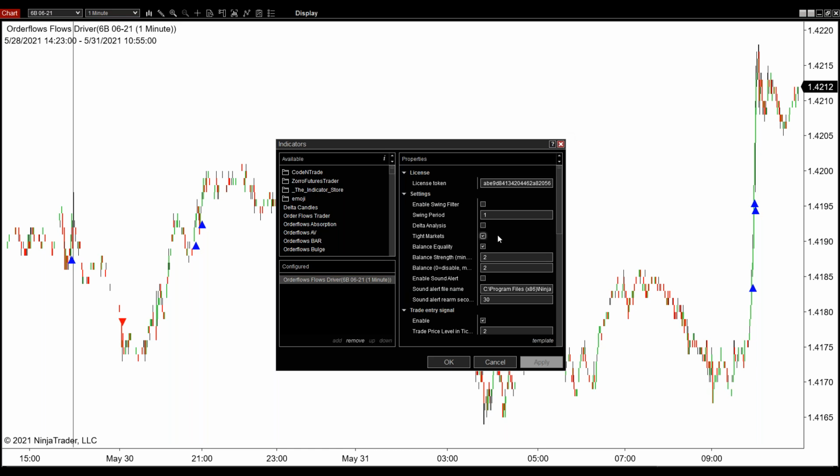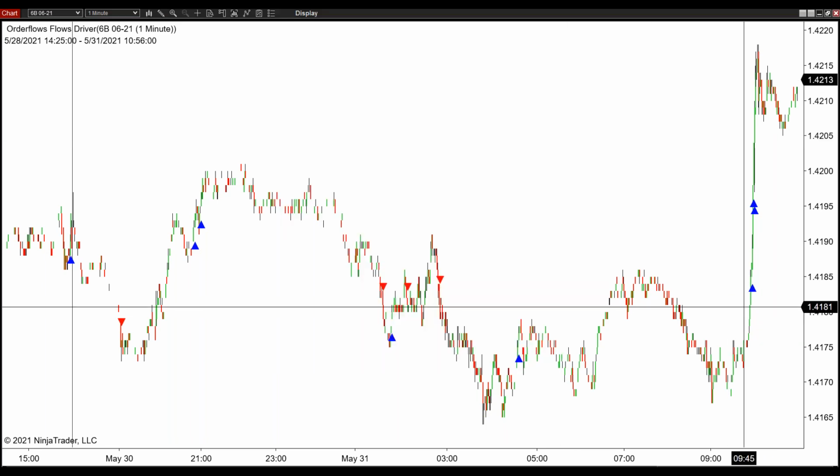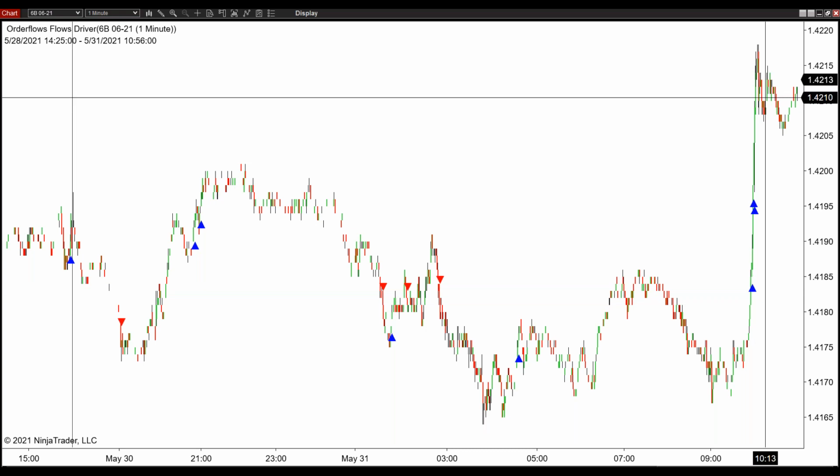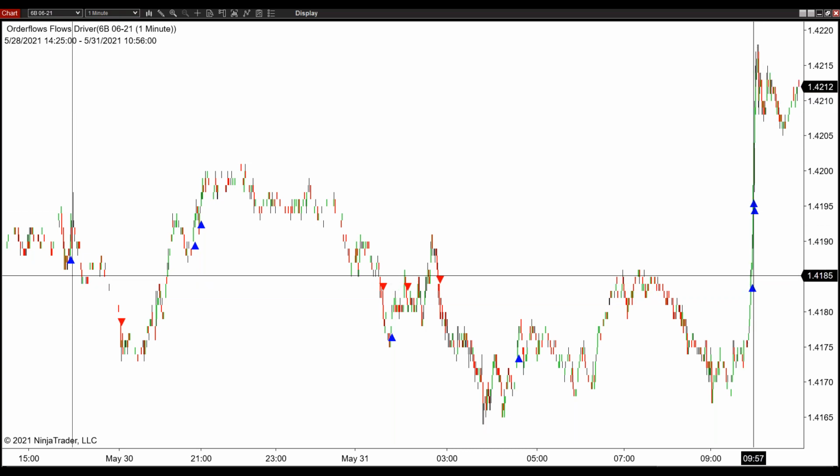A lot of that analysis that I just talked about is already inside the algo. So really all you're trying to adjust based on your market is balance strength and whether or not you want to use a swing filter. But you can see those moves, those nice big parabolic moves up. This is just a gift, right?